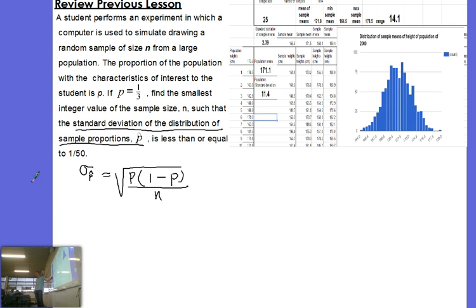Good. Now, we know what p is in the information. p is a third. And we're told that this is less than or equal to 1/50th. That's how narrow we want our distribution to be. So we need to select the appropriate sample size to achieve that.